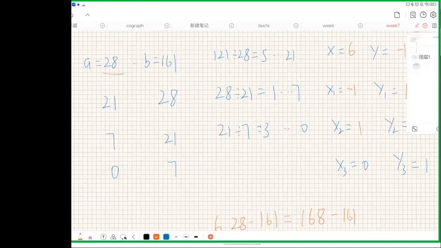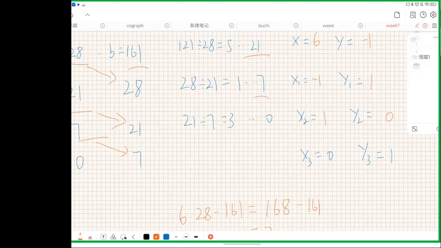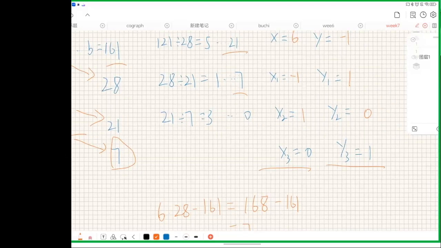Suppose a equals 28 and b equals 161. The first time we get remainder 21, and put 21 here and 28 here. And then we get 7. We put 7 here and 21 here, and then it's 0. So we got the last case, the GCD is 7, right? And then x3 equals 0, y3 equals 1.